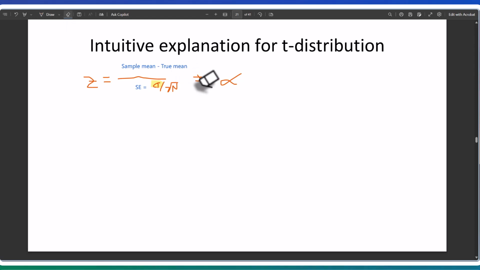In other words, we have something that's proportional to 1 divided by sigma, and that sigma is our population standard deviation.